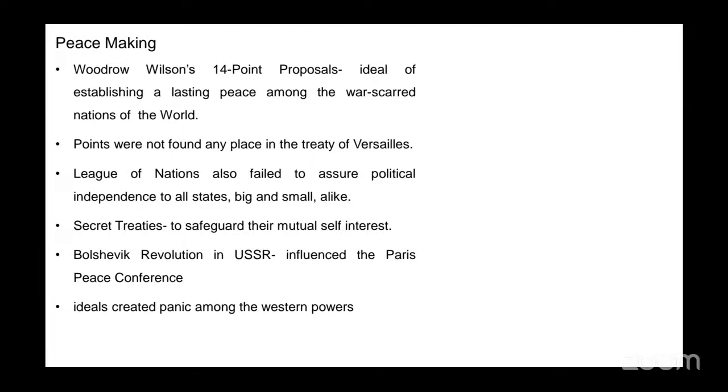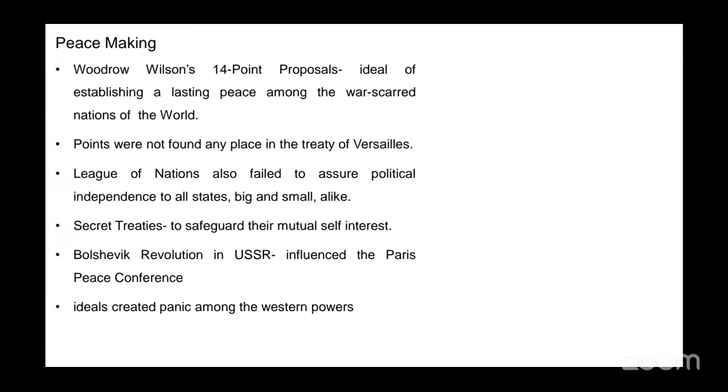Now the next one is secret treaties. So what are secret treaties? Countries were not trusting each other. Imagine you are in an international space and you don't trust a country which is also part of an organization that you are part of, which is supposed to control the outbreak of war.